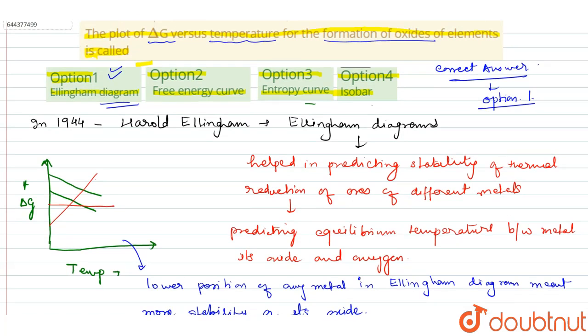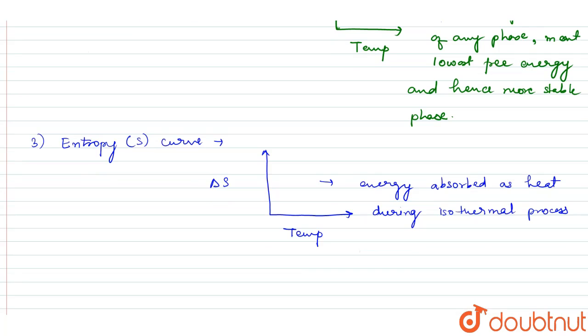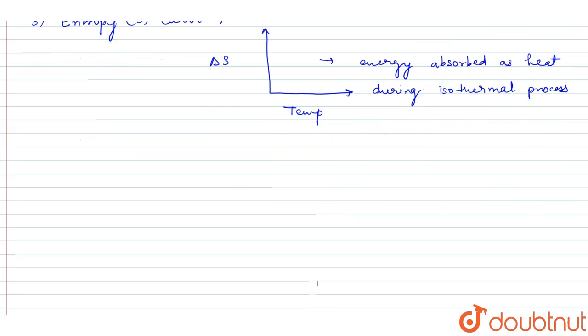And we have one more option, that is option 4. In option 4 they have given us isobar. So let us try to understand what isobar is also. I hope you must have heard about isobar before also. It is a simple concept. Isobar is a graph between volume and temperature.